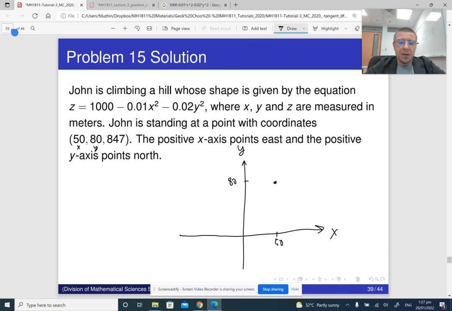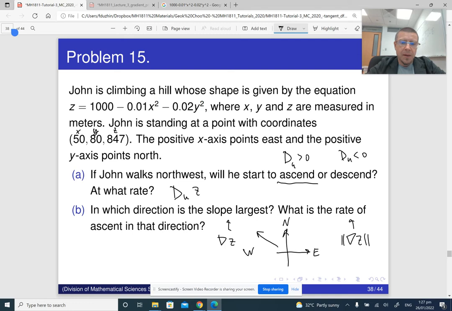The x direction is east, and this is north. Notice that in part A, the question is about northwest.